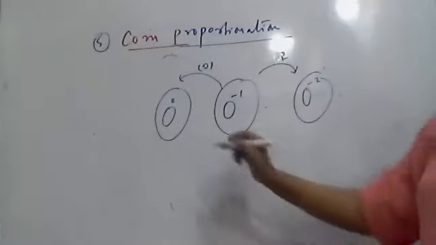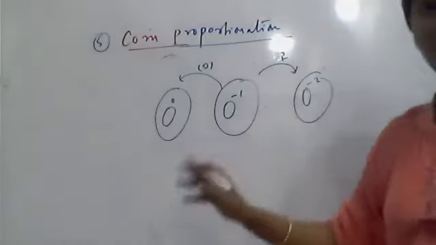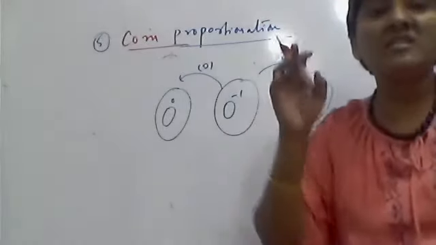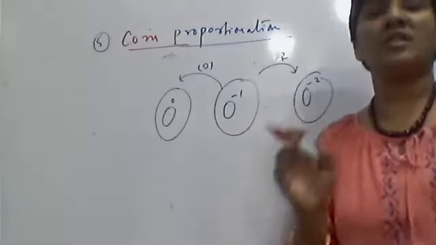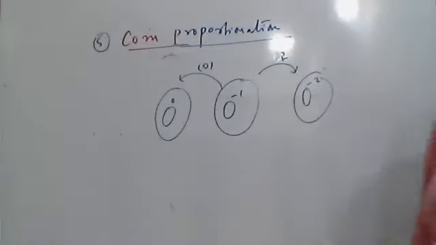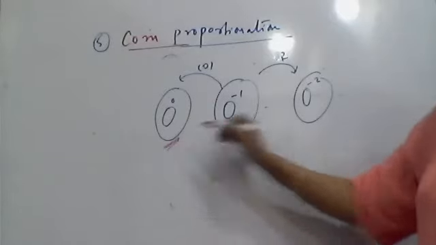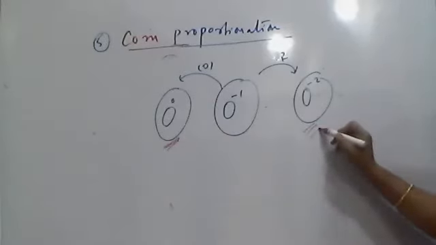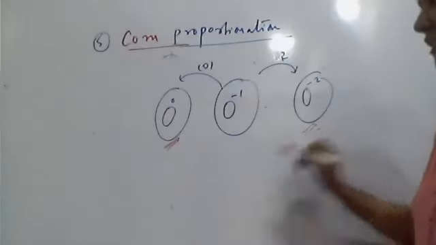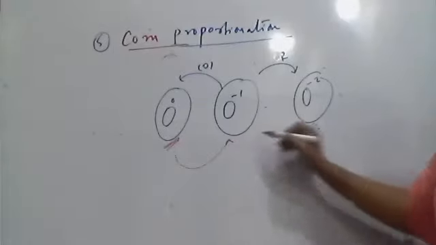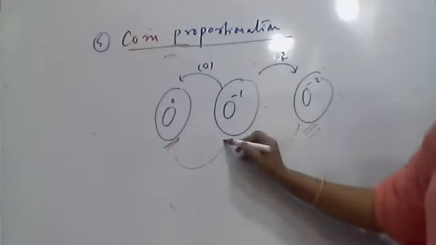Any element having at least 3 different oxidation states can exhibit comproportionation. The highest and lowest oxidation states of the element participating in comproportionation combine to form the intermediate oxidation state.